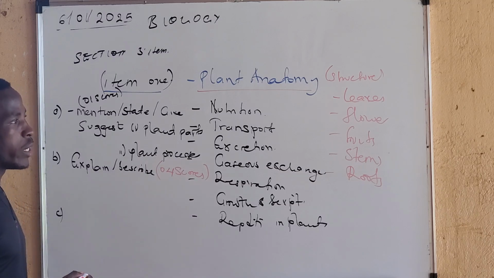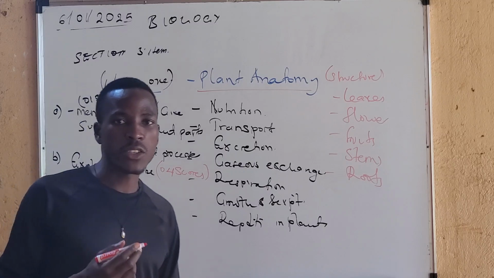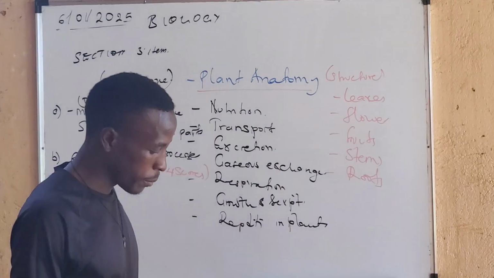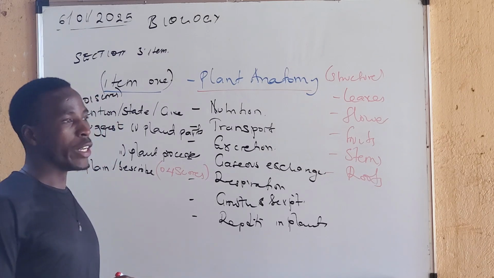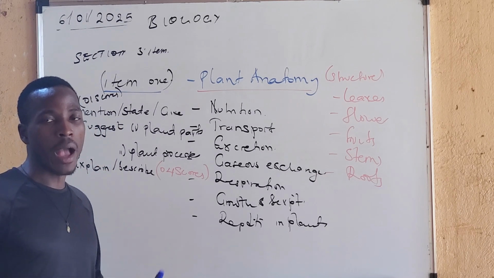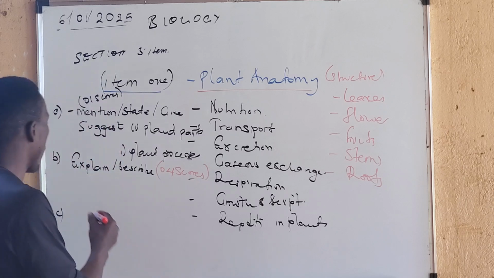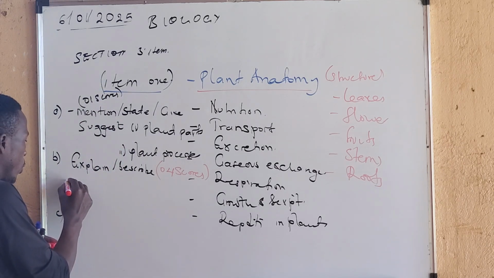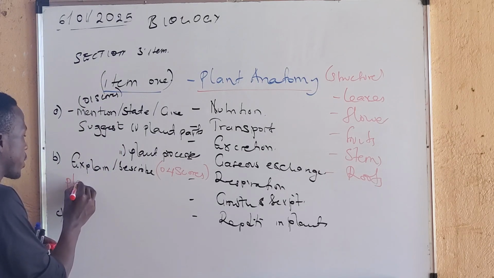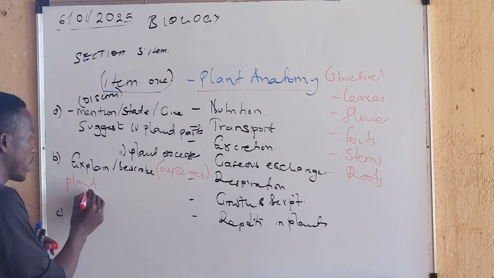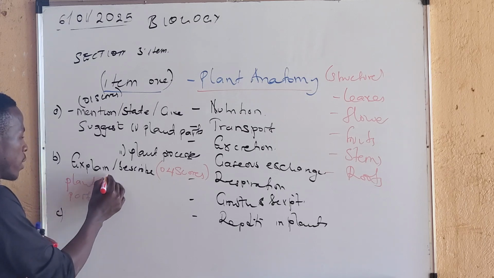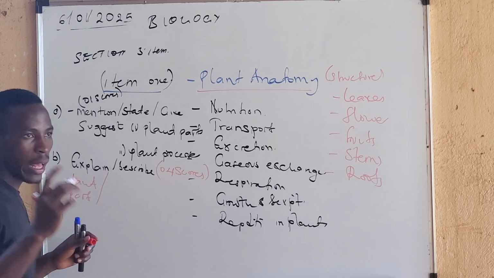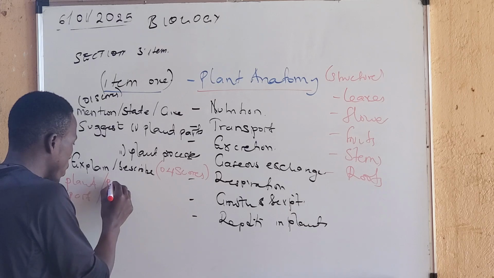What are we explaining? We have the basis of assessment. When they are examining learners, what should we answer? One, mention the plant part damaged. After telling us the plant part damaged, tell us which plant process was hindered.